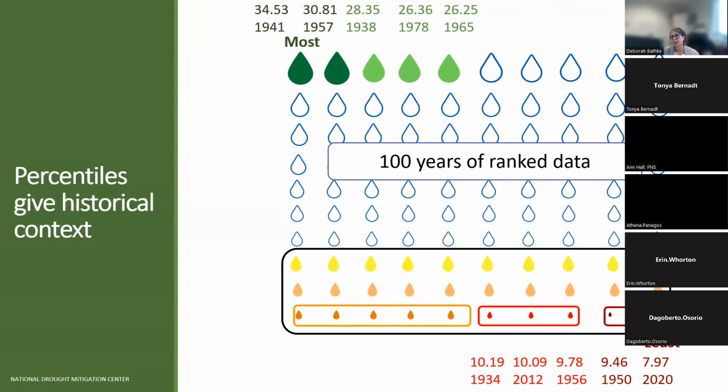That means out of 100 kids, there are only 13 that are taller than him. So when we look at precipitation percentiles, it's kind of the same thing. If we're in the first or second percentile, that means 98% of the data has a higher amount of precipitation than what we're looking at right now.